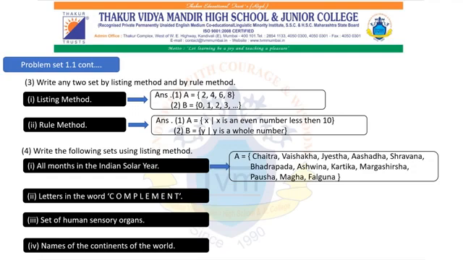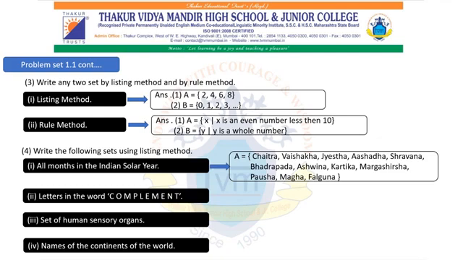Second one, letters in the word complement. They want us to make a set of the letters of the spelling complement. Here we will follow the rule we studied earlier: elements cannot be repeated. In the spelling of complement, I can see the alphabets E and M are repeated twice.